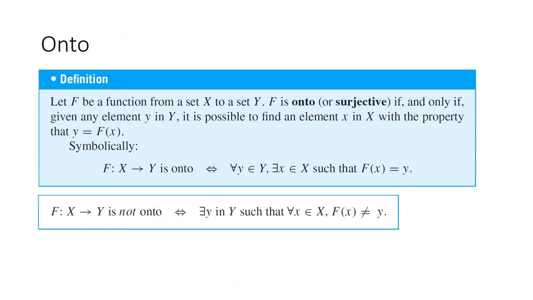Okay, and now let's look at the definition of onto. So this is a property that is somewhat similar to one-to-one, but it has a different meaning. So let f be a function from a set X to a set Y. F is called onto or surjective if and only if, given any element little y in big Y, it is possible to find an element little x in big X with the property that y equals f of x.